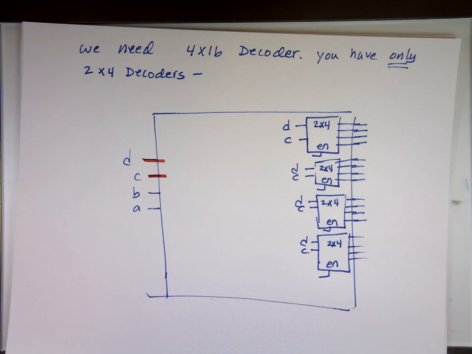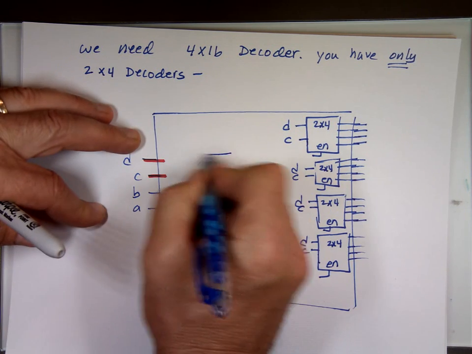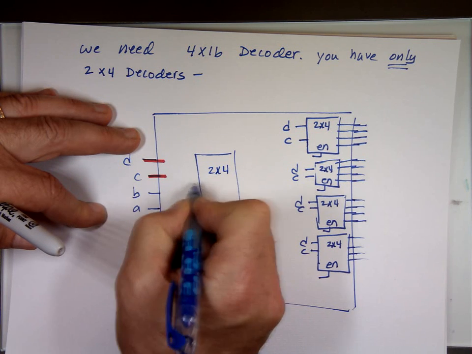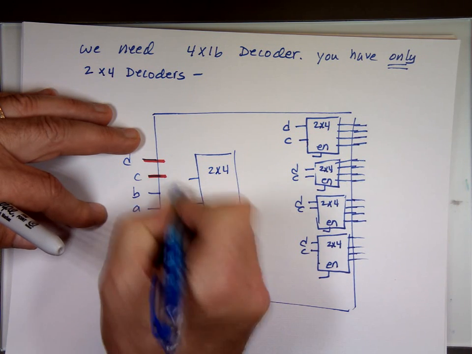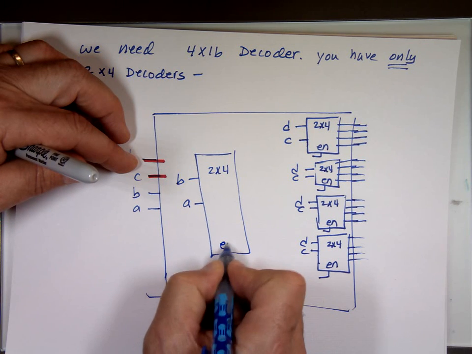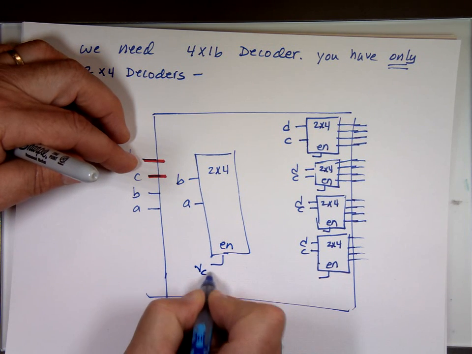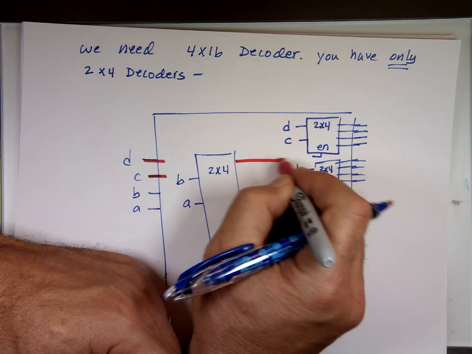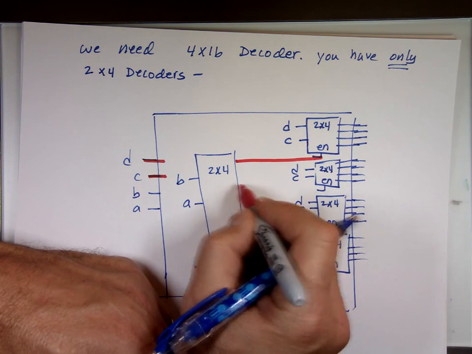My A and B, what are you going to do with them? Put them in another decoder. Another decoder, 2 by 4, and you have A and B going to it. And the enable here, if it's high, we'll attach it to VCC. And you make pin number 0 of this attach to that chip enable. Pin number 1, attach to that chip enable.